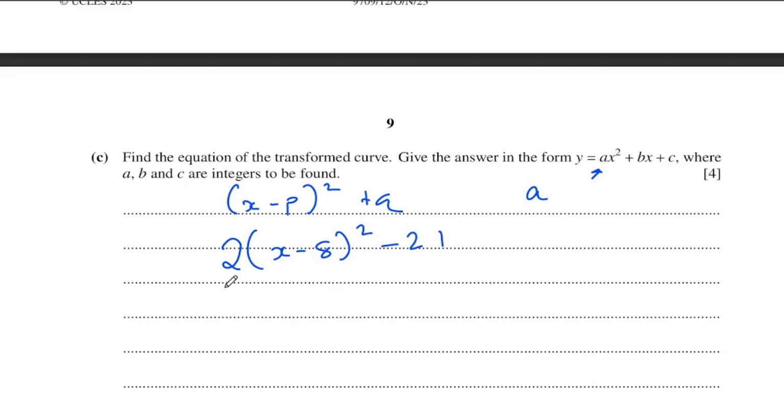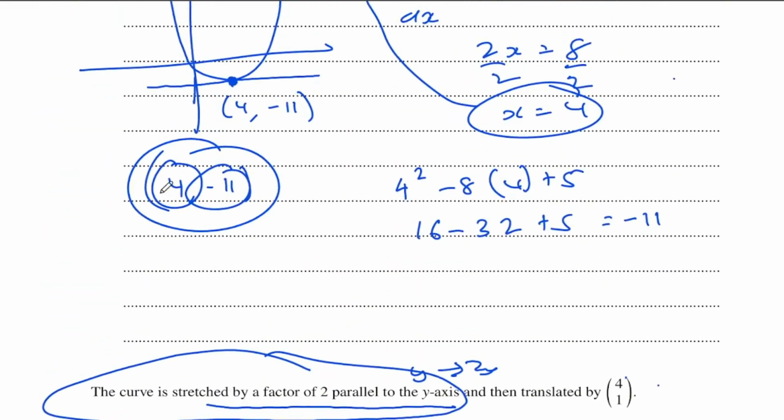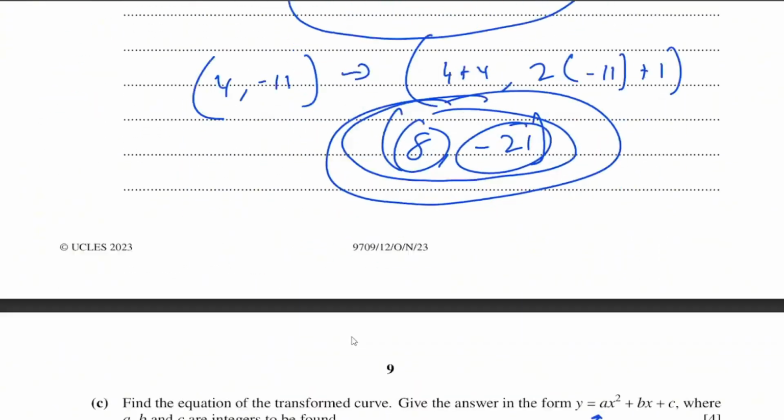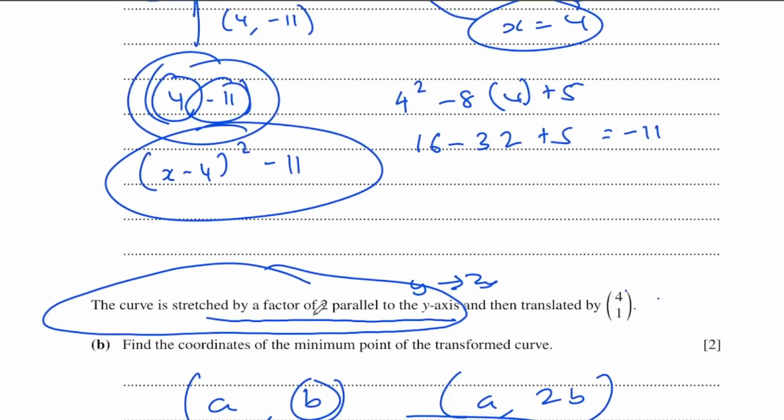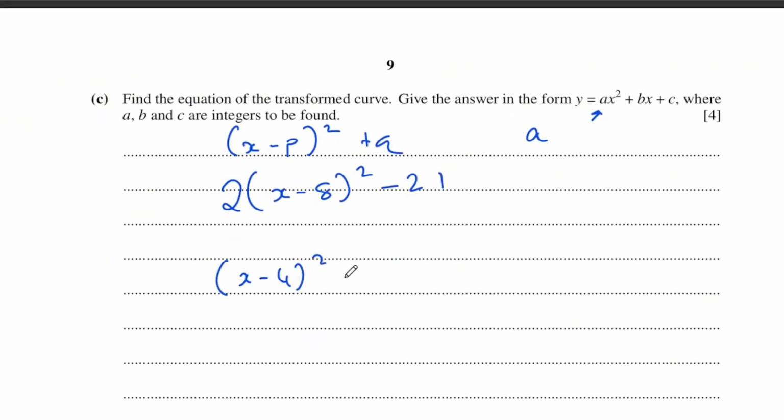Another way of doing it is looking at the initial one. So the vertex of the initial one was (4, -11), which again means x minus 4 squared minus 11. And then you apply your transformations to it. So x minus 4 squared minus 11.